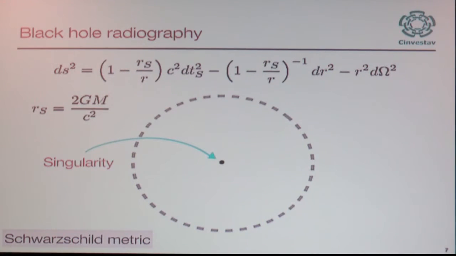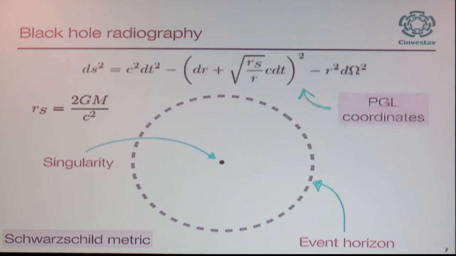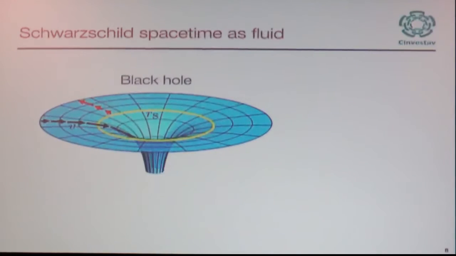Okay, so this is a singularity, and what you can do is change coordinates, and then you realize that the event horizon, or this r equal to rs, is not a real singularity, because you can just change the coordinates and it's no longer singular there. It's what is called the event horizon, right? So what is this event horizon? We can think of space-time as a fluid.